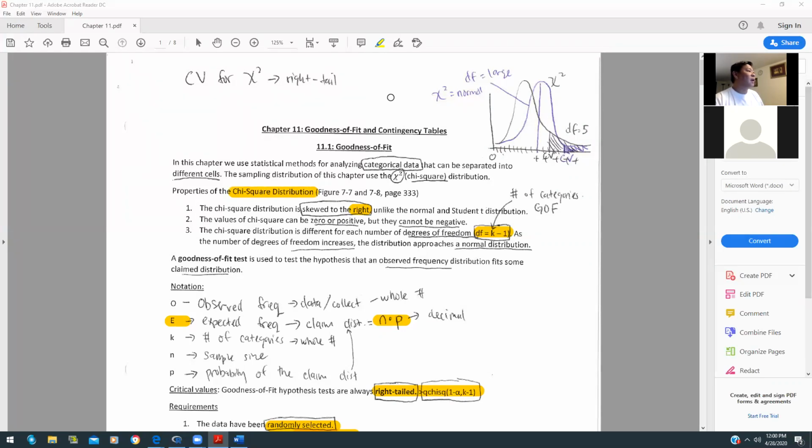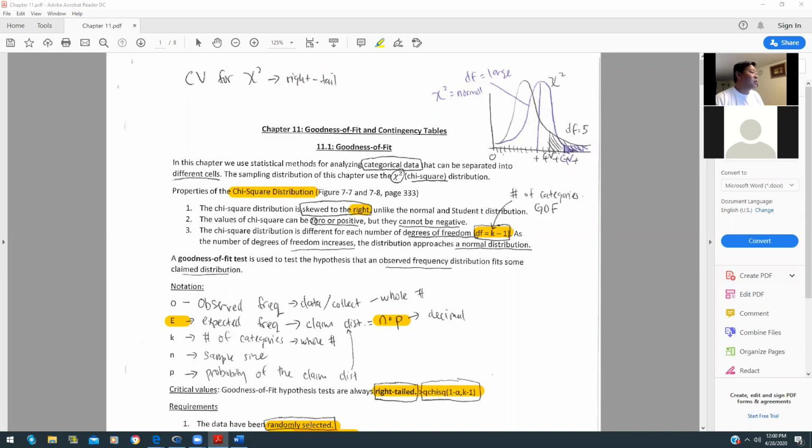When you have a chi-square distribution, it is a little bit different from Z or T. A chi-square distribution is actually skewed to the right. Usually a T or a Z distribution is normal and symmetrical, but a chi-square distribution is skewed to the right.